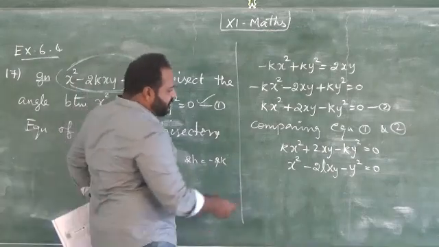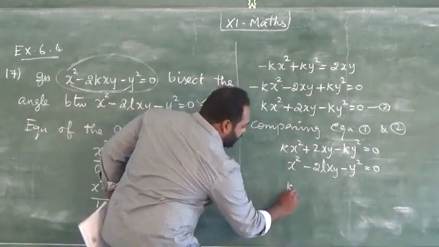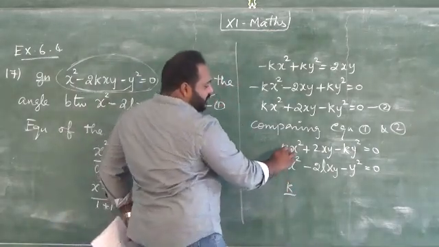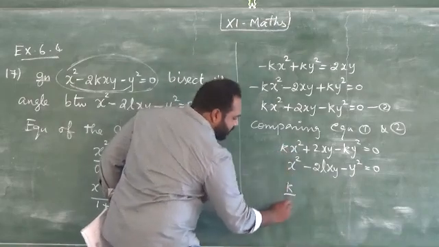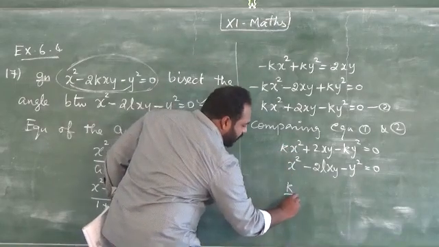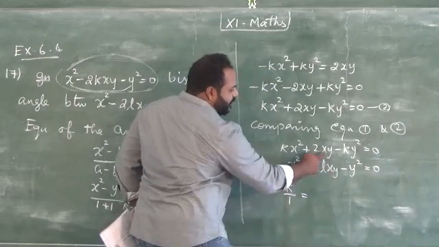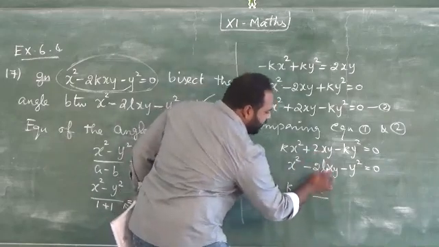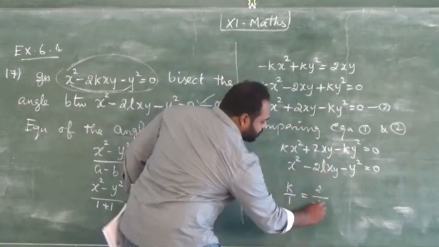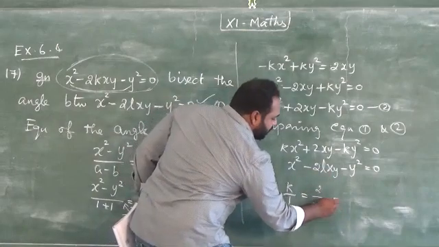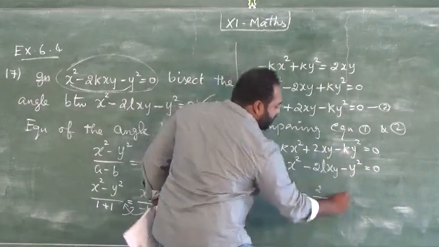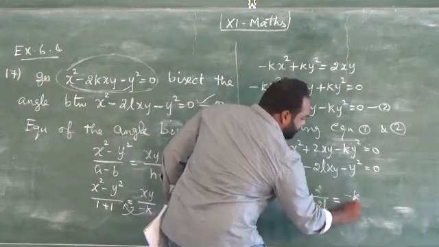If you compare these two equations, k by coefficient of x square, here coefficient of x square is 1, equal to coefficient of xy here is 2, divided by coefficient of xy here, minus 2l, equal to the coefficient of y square here, minus k, over minus 1.